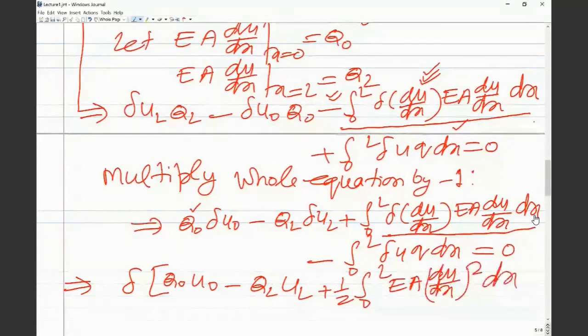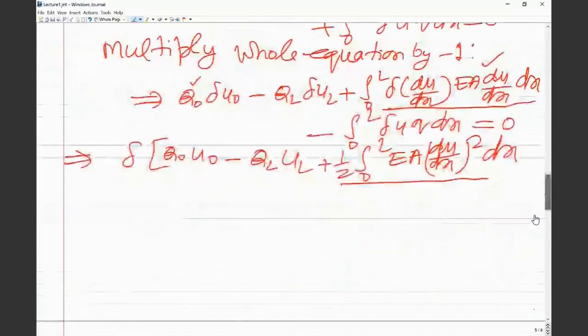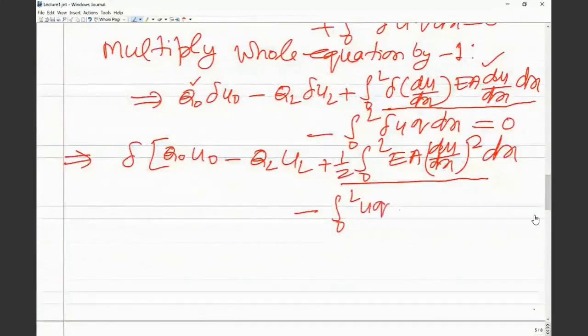When you apply the variational operator delta on this, it will be half into twice of integral 0 to L EA into du by dx into delta of du by dx. And then minus integration 0 to L u into q dx, and this whole thing is equal to 0.